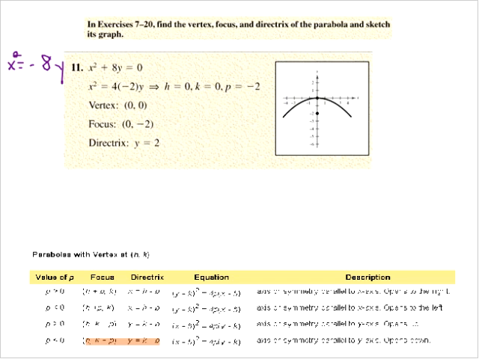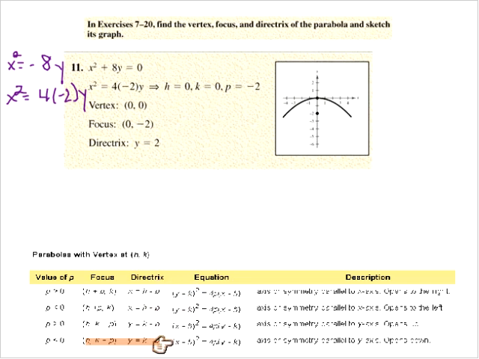Okay, I want to write it so this constant, whatever it may be, is 4 times something. This will help me a lot to find the value of p. So I know it is 4 times negative 2. That will give me my negative 8. And now I can start picking up the information that I want.